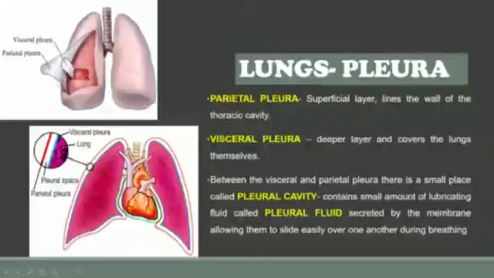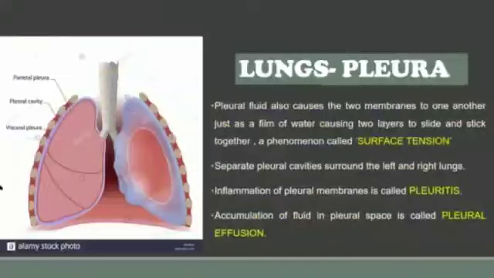There is a space between these two pleura called the pleural cavity, which is filled with pleural fluid. The function of the pleural fluid is to decrease the friction, or to allow both layers to slide against each other.